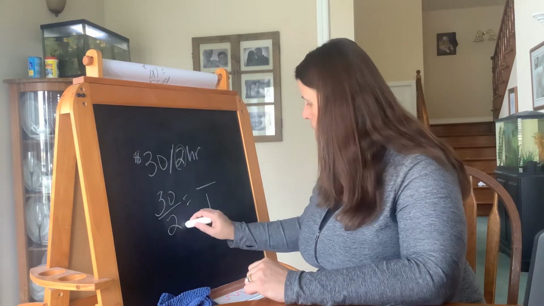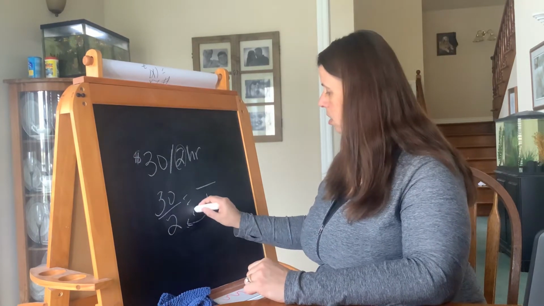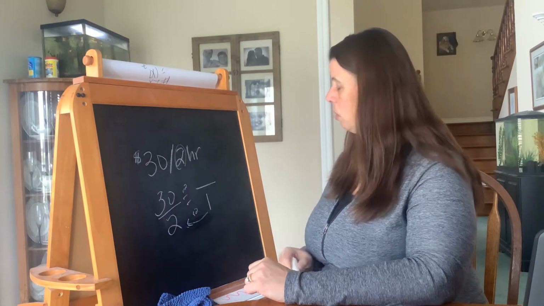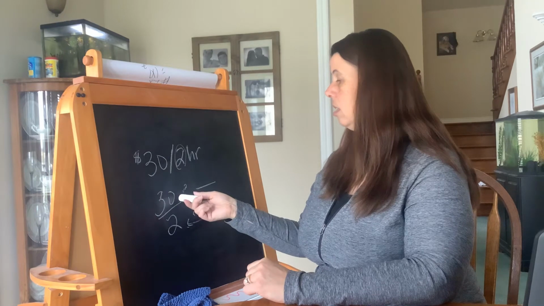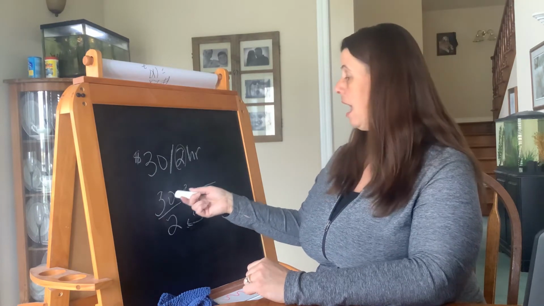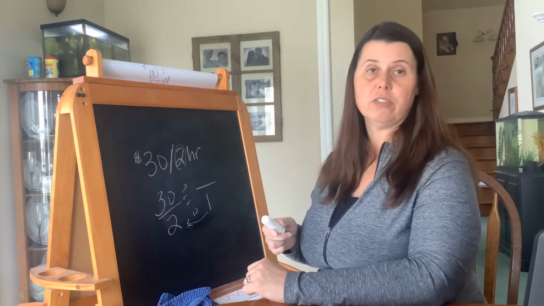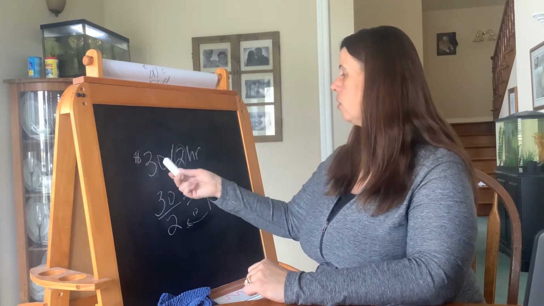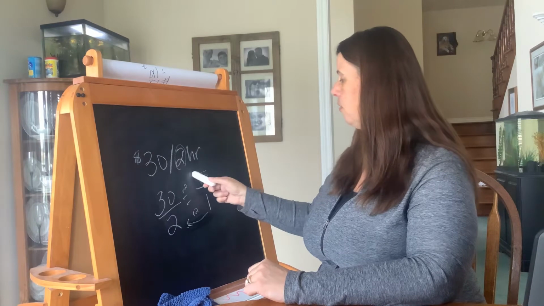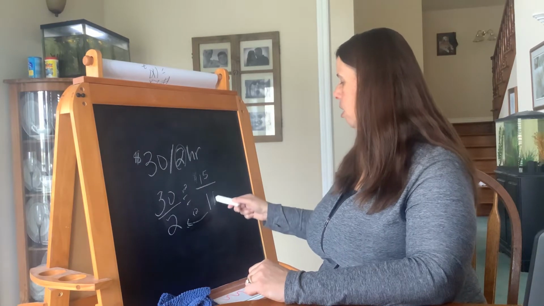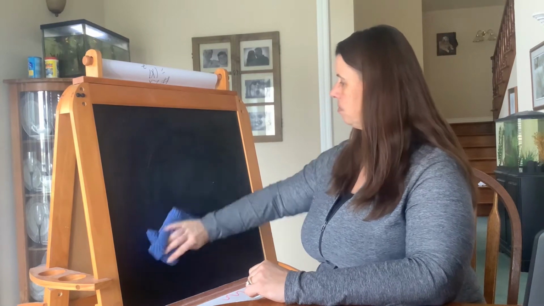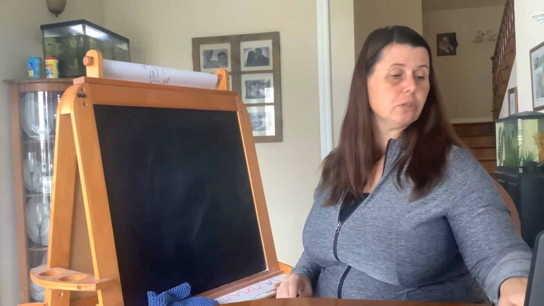How did I get from 1 to 2? I times it by 2, right? So something times 2 has to equal 30. The way I look at it is, what is half of 30? Dividing it by 2. I know it's 15. Okay? So if I get $30 for 2 hours, I get $15 for 1 hour. Okay? Pause the video. Go to number 2.